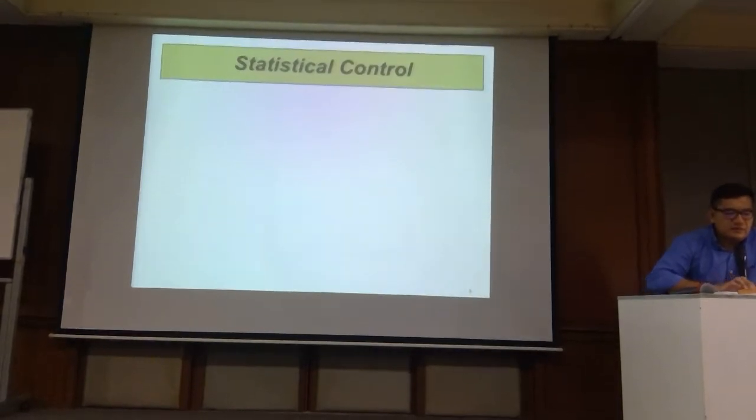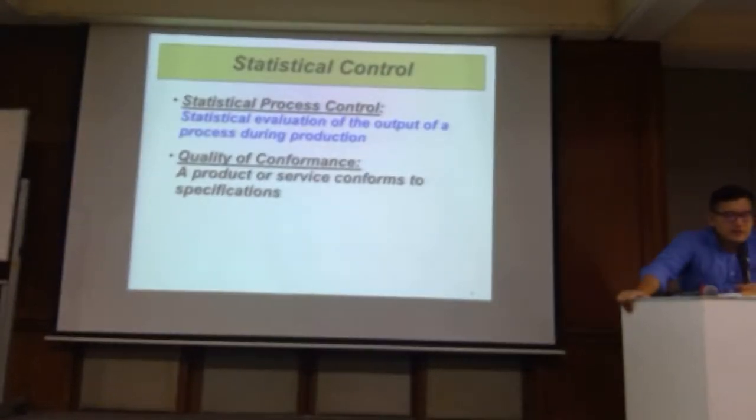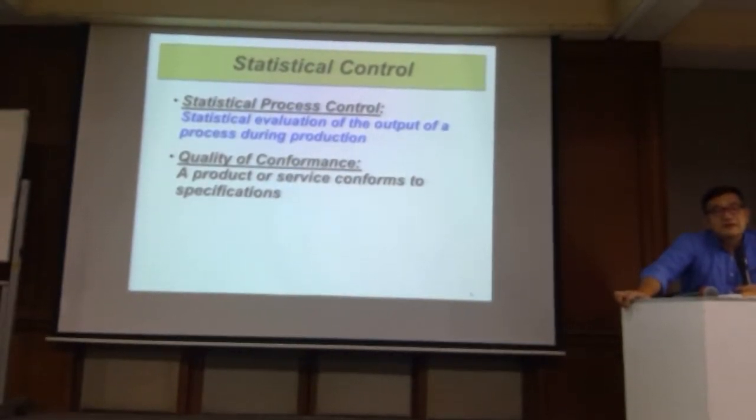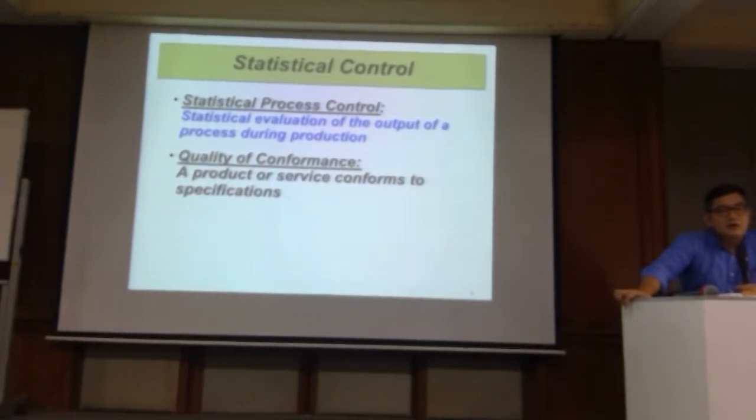So for process control, statistical process control, it means we use statistical methods to evaluate the output of the process we're interested in, during production. And we try to see whether there is any variation that comes from human mistakes, or from the procedure, operation, or machine.